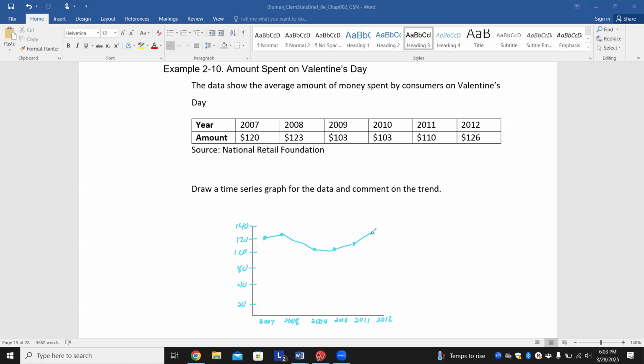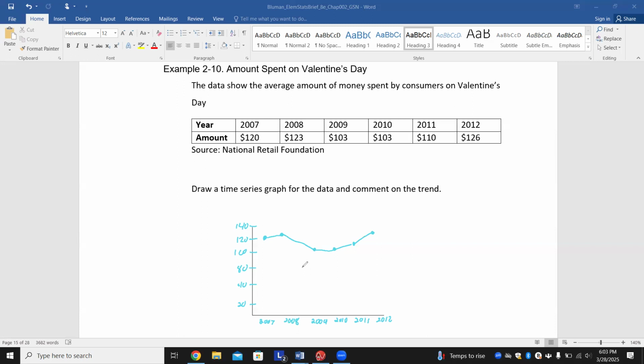And it says now we're going to draw a comment on a trend or draw a conclusion. And then you can draw any kind of conclusions if you would like. We can see that you can conclude after 2008, the amount of money spent on Valentine's decreased until about 2010. Then you saw an increase.